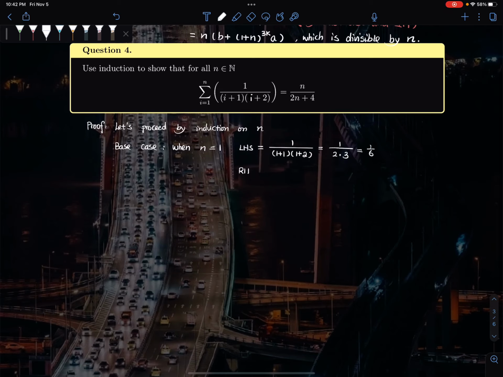Right hand side would be 1 over 2 times 1 plus 4, which is also 1 over 6. Sorry, I have a cold, so it's quite hard for me to talk. Okay, and here we can see left hand side equals right hand side, so my base case holds. I'm too lazy to write, so I'm just gonna use a check mark.